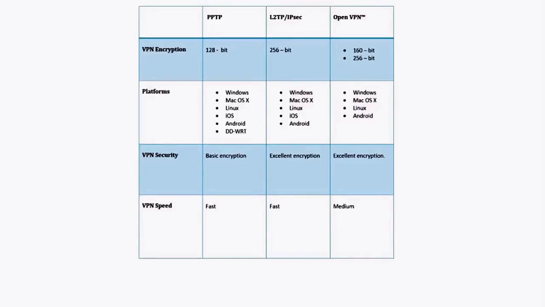That's why OpenVPN was created, to create point-to-point or site-to-site connections using SSL/TLS. It is based on the general public license. It means that you can use that for free.